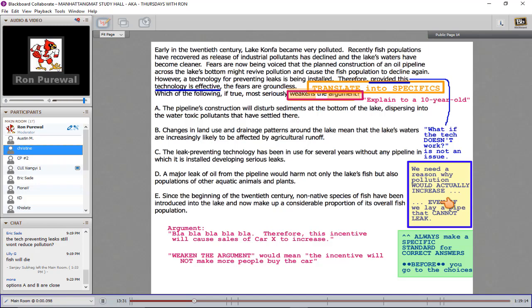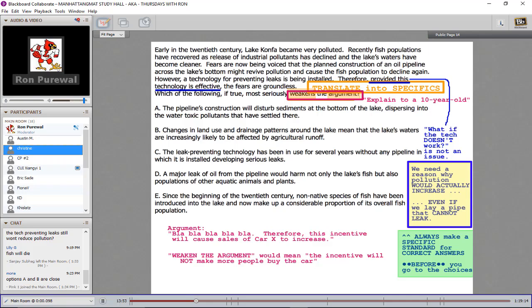So this pollution, industrial pollutants, in the water. Choice A says if you lay down a pipe, it's going to kick pollutants up into the water. That's exactly what we want.